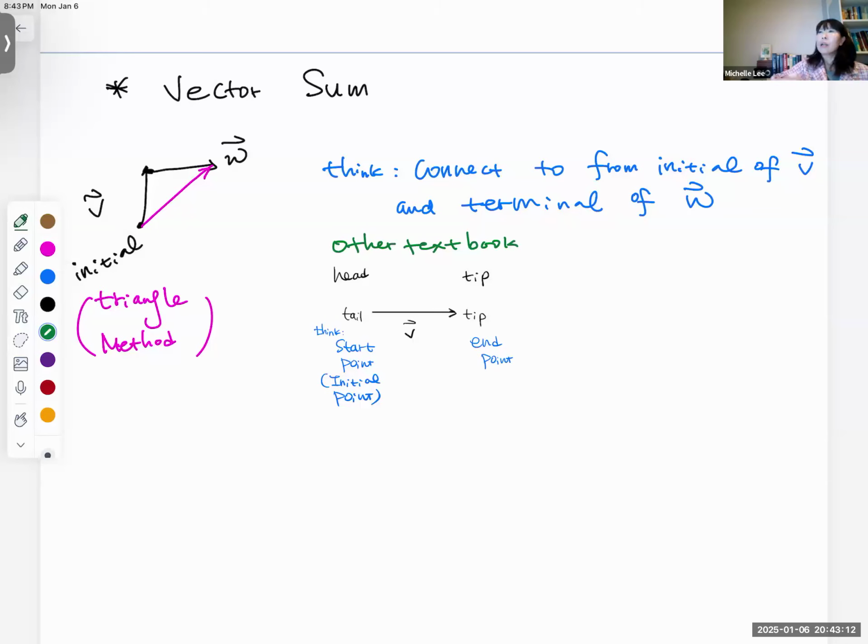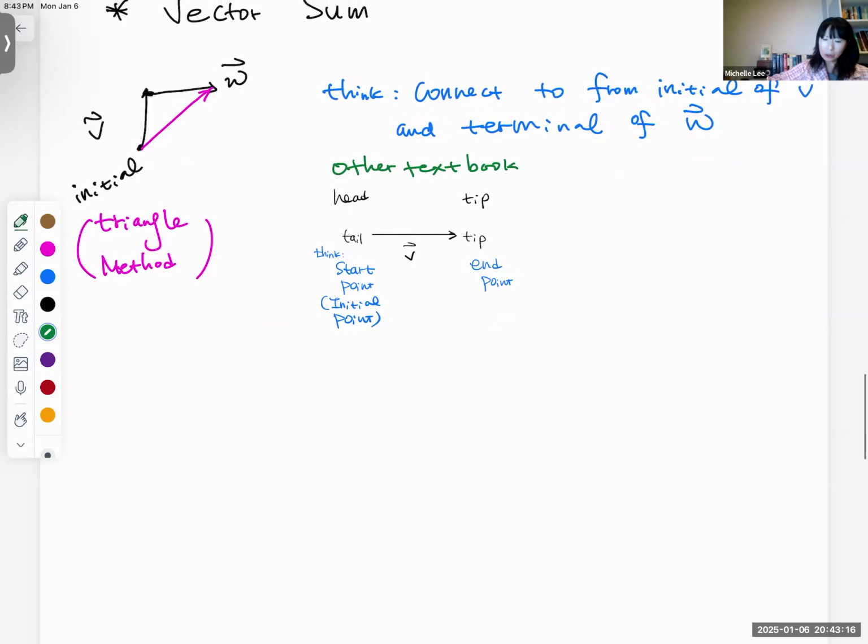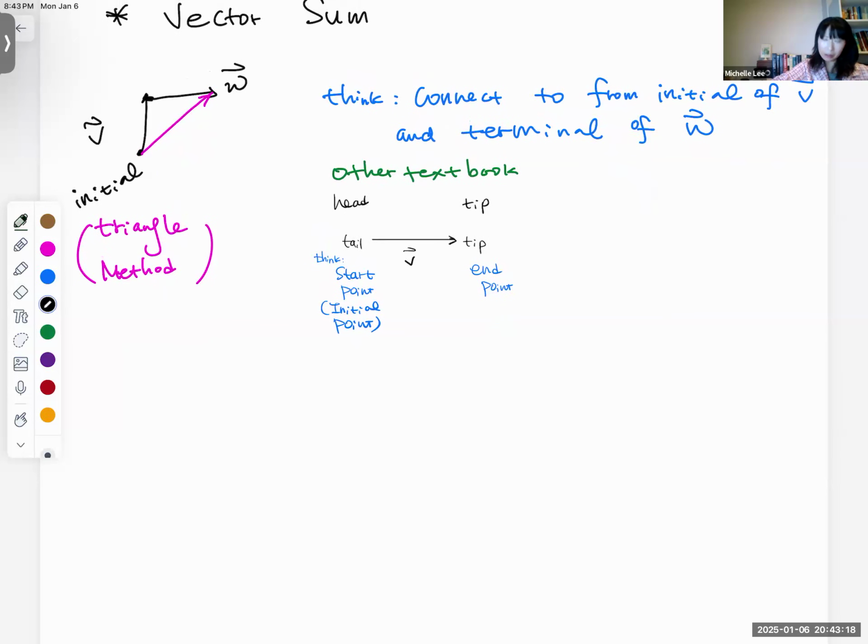Is it okay? We have the parallelogram method. So the parallelogram method looks like this. We have a vector v to start with, and then the initial is shared with vector w, right? Can you see that different way? So in that case, the top one has the triangle method.